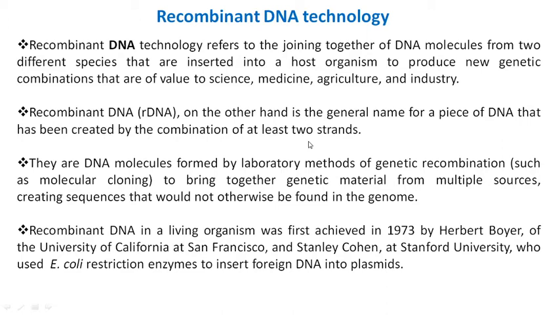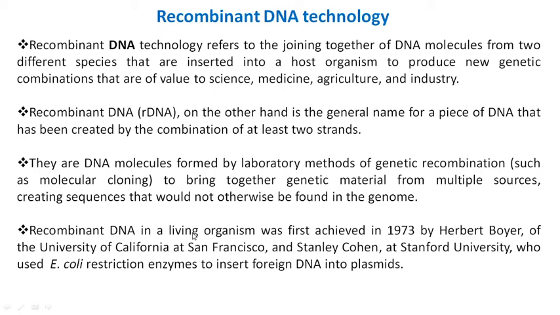As I already discussed, you can combine two DNAs from different species, and they are DNA molecules formed by laboratory methods of genetic recombination. So you can generate them in lab conditions by molecular cloning.